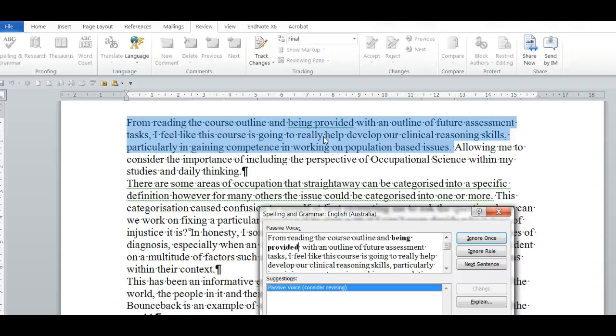It may not matter maybe in a research paper, but some of the things that you might be writing in terms of an advocacy paper or article or something, it might be better to have more active voice.